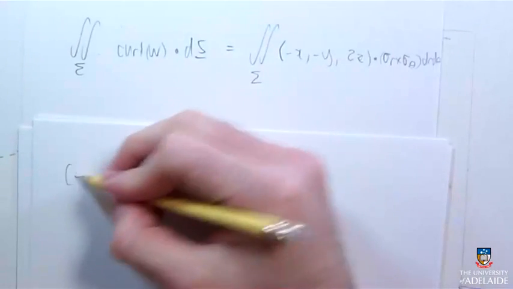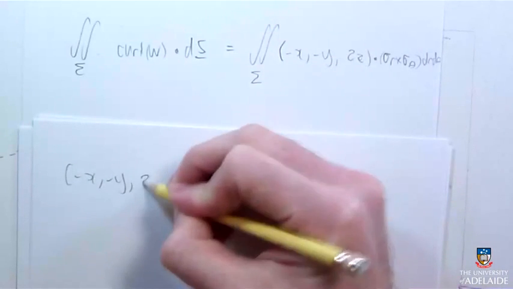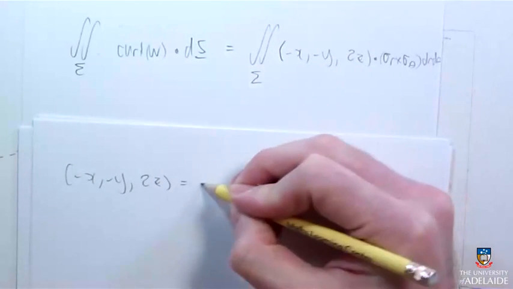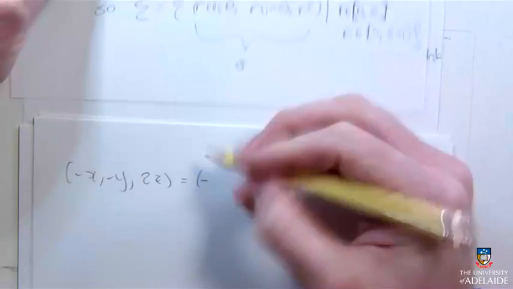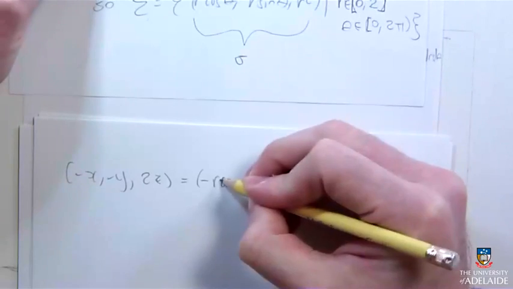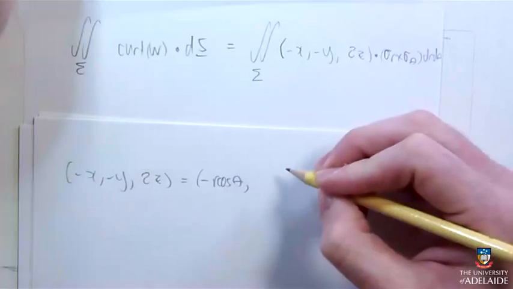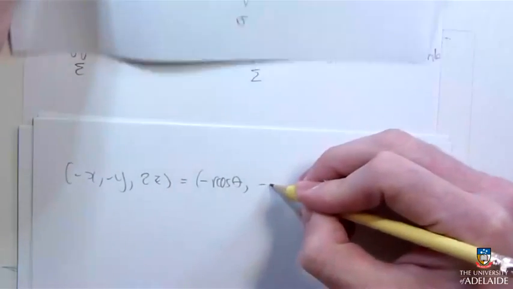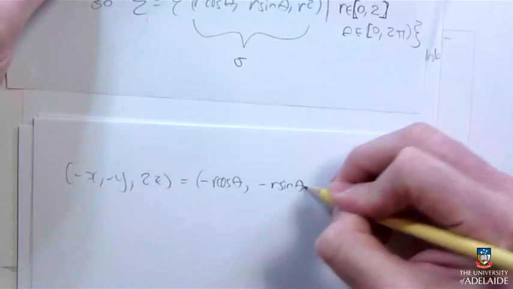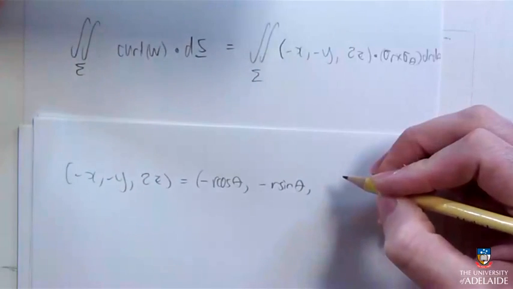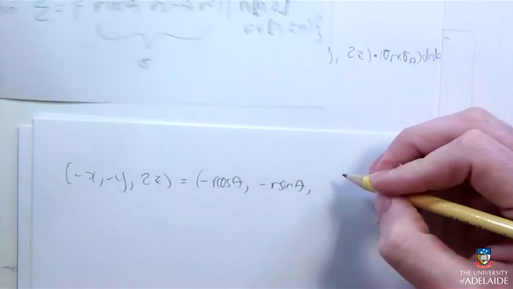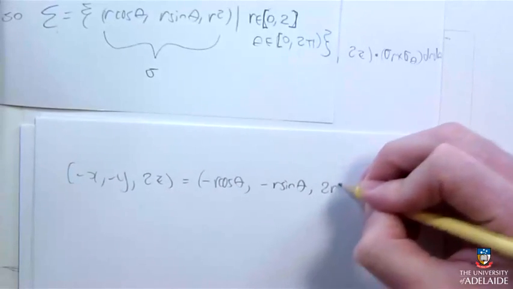So I've got my minus x minus y 2z is actually minus, now my x is r cos theta, my y is r sine theta, and my 2z is 2r squared.